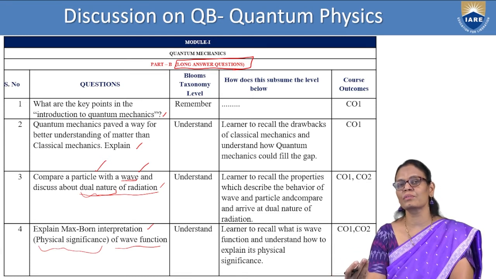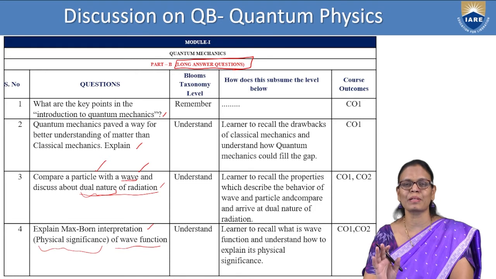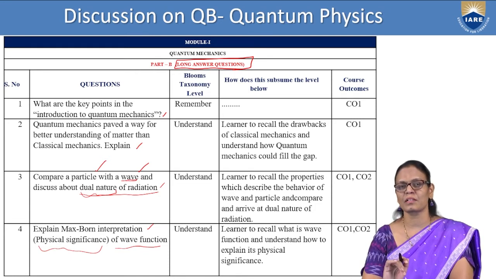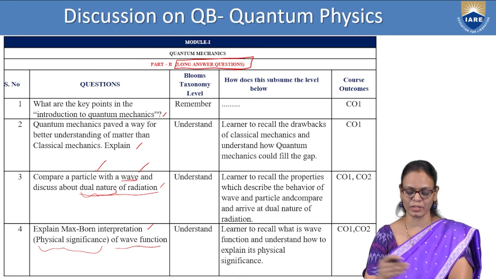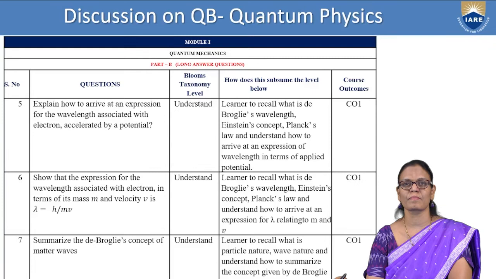And in order to find the probability of finding a particle, we try to normalize it. The normalization condition is given by psi star psi. If the integral of psi star psi is equal to 1, it means the probability of finding the particle in that particular region is certain. Like that, you will have to write all the points regarding the physical significance.